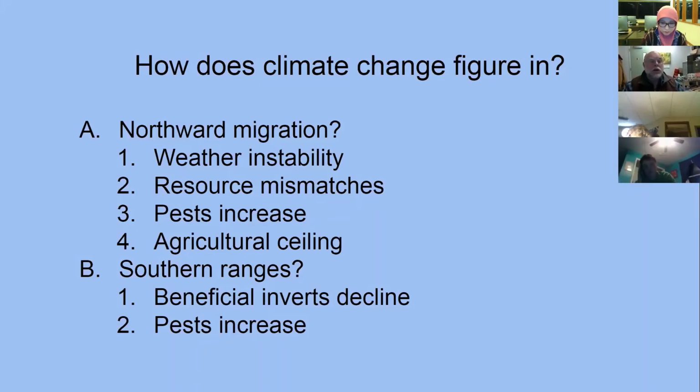So it's quite possible that places that are off limits to, say, some of those stoneflies now because it gets too cold might actually present an opportunity for northward migration as the climate change really takes hold in this century.